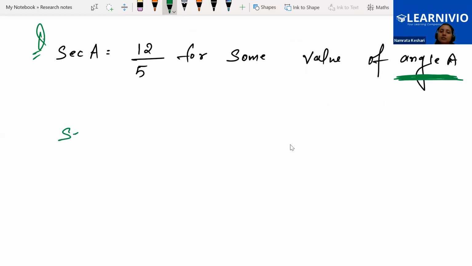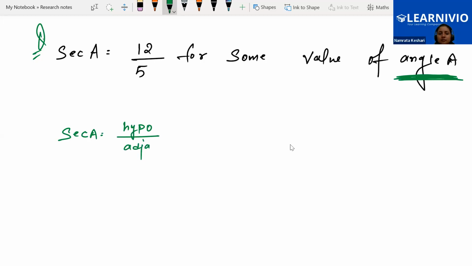So sec A, what is the formula for sec? Okay, Aisha said it's true. We will check it. Formula for sec is hypotenuse over perpendicular. Adjacent.